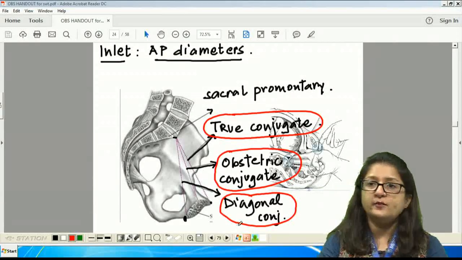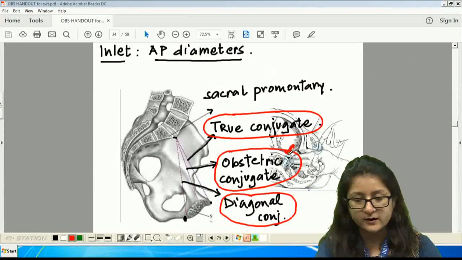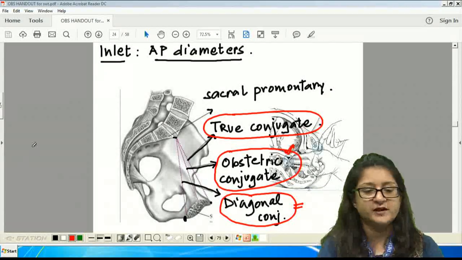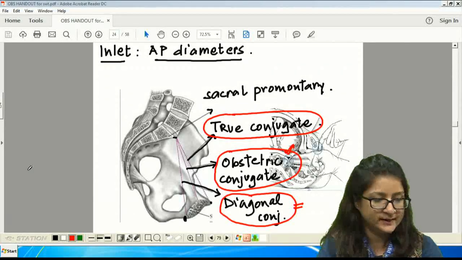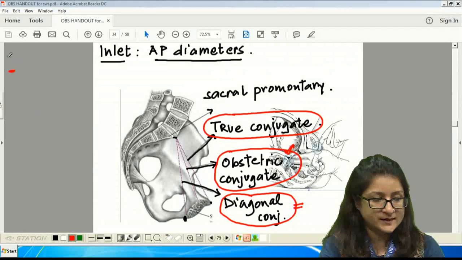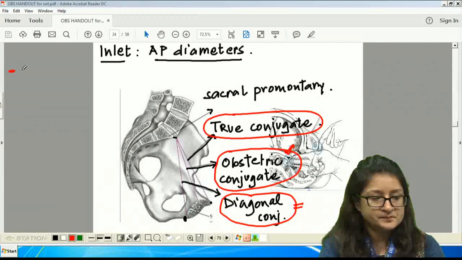The important point to remember is that it is the obstetric conjugate which is the smallest, and it is the diagonal conjugate which can be measured clinically. There are certain important one-liner questions that are asked.